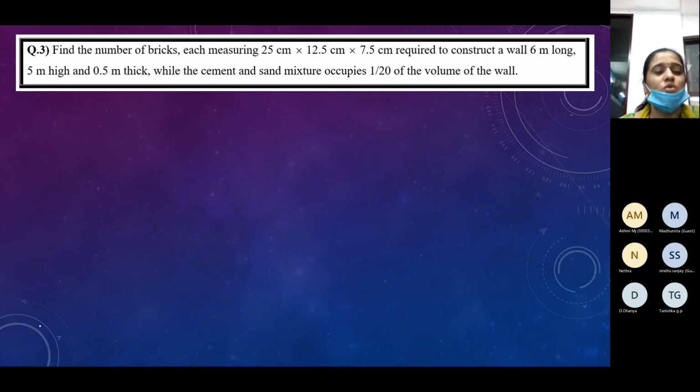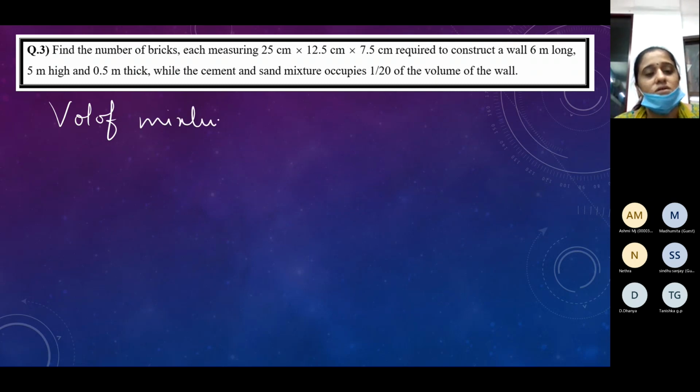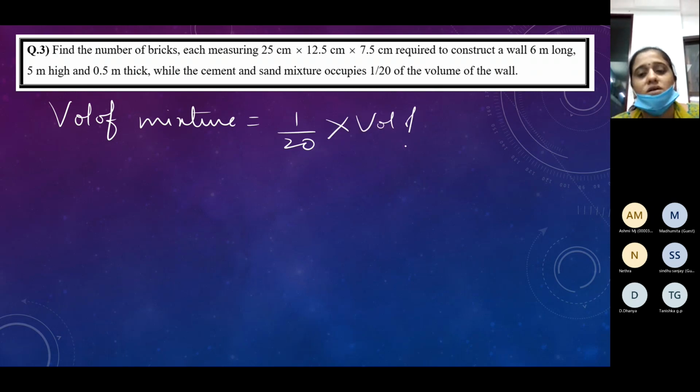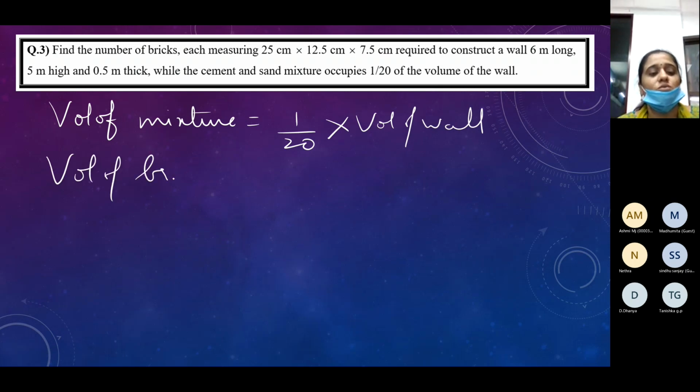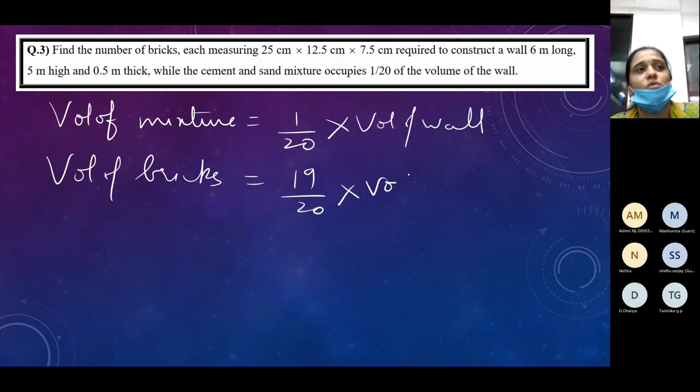So you can write it like this here. Volume of mixture is equal to 1/20 of the volume of wall. Volume of bricks is equal to 19/20 of the volume of the wall. Because the volume of the wall is like the classroom.